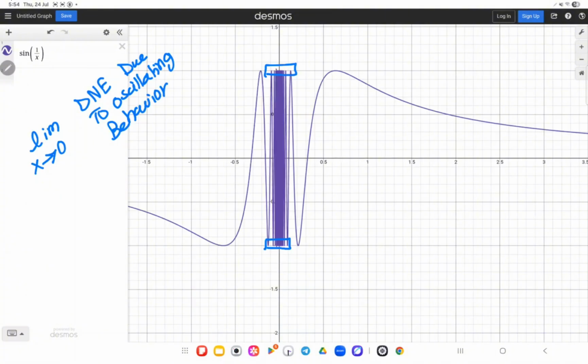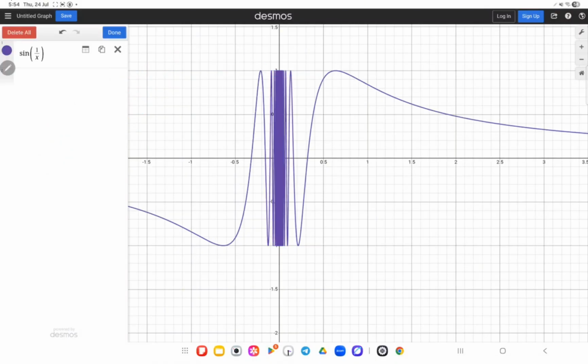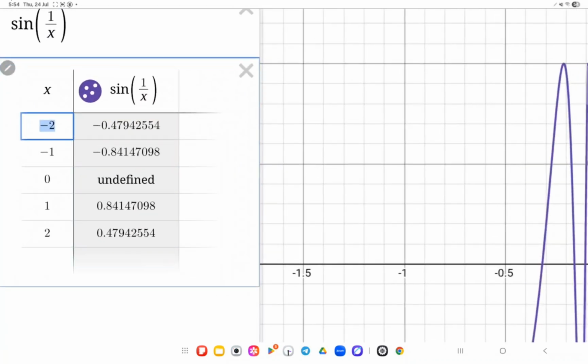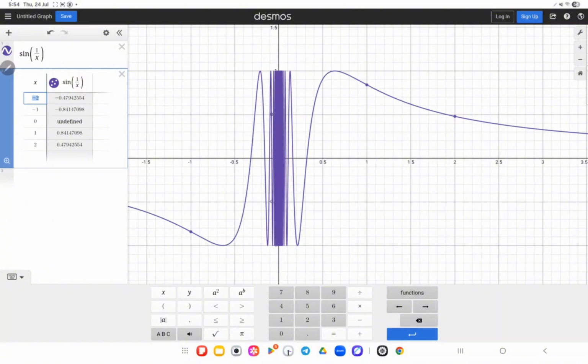Right. Now let me show you what that looks like in a table form. So go to table, and let's be very close to 0 from the left. So I'm going to go with negative 0.001, and let's go close to 0 from the right, very close to it.